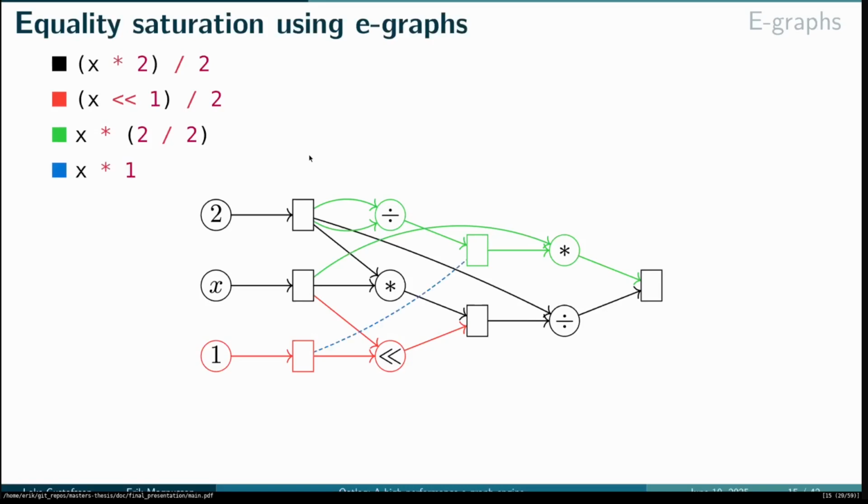But then we do the constant folding of the 2 divided by 2, and we get 1. But 1, on a syntactic level, already exists in our egraph. So we realize that this value we created previously as the result of this division already exists. So these are the same node. So let's add the merge edge, right?